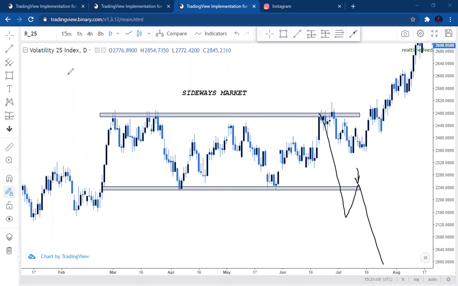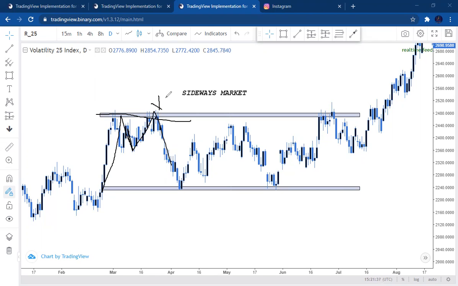Resistance acts as your ceiling, resisting price to go beyond that point. Are you getting it? The top part here is your resistance. You can see when price came, it hit this point, rallied to the downside, came back again, hit this same point, and went to the downside.